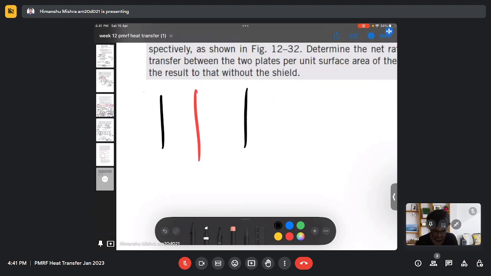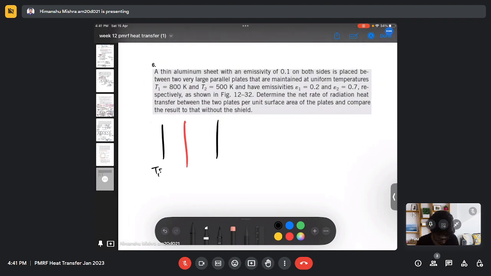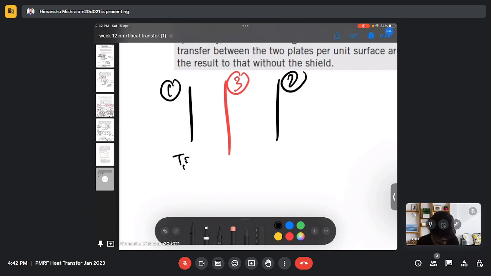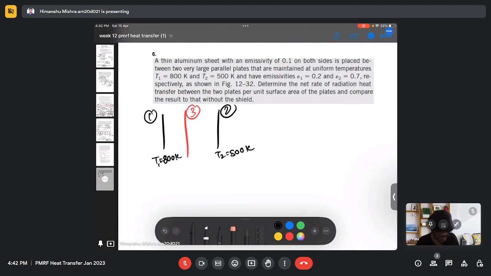So the surfaces are 1, 2, and this is 3. This is 800 Kelvin, and this is 500 Kelvin.